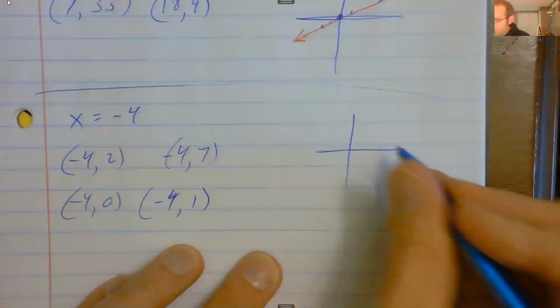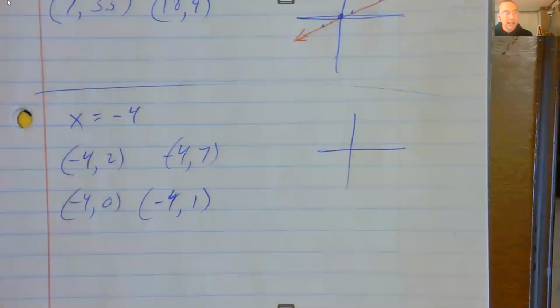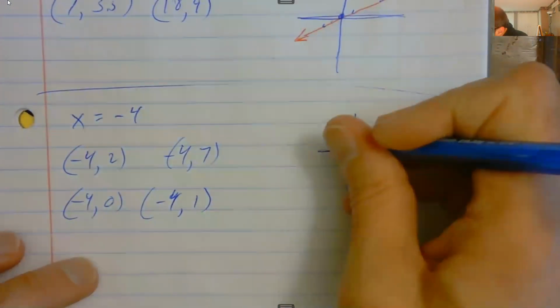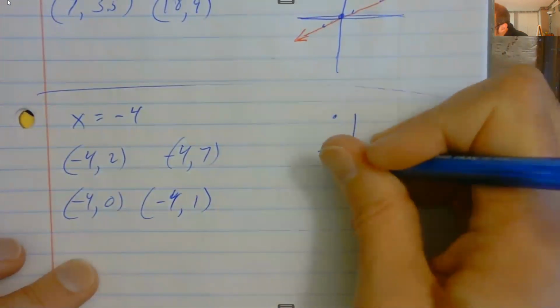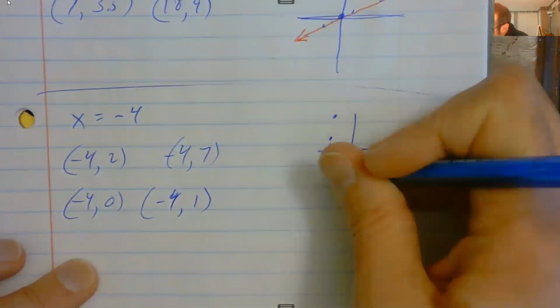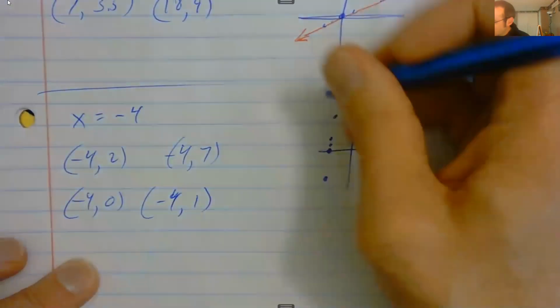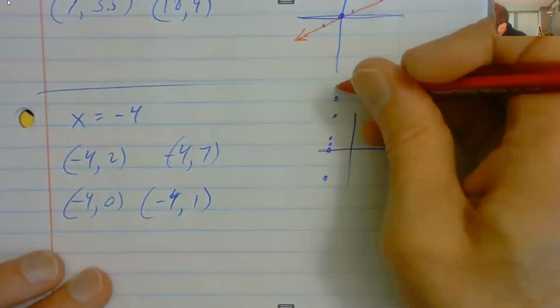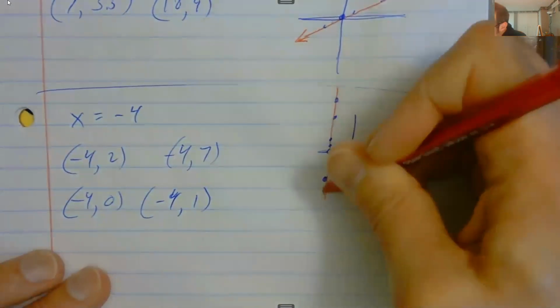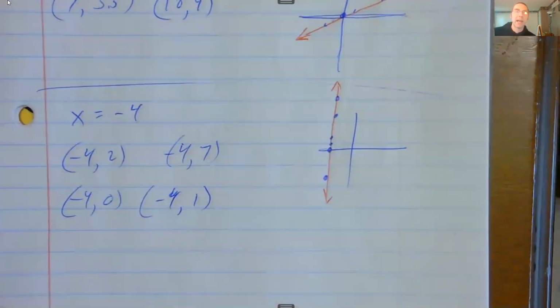And if you think about it that way, you just start plotting points. Say, oh, here's -4, 2. Here's -4, 0. Here's -4, 7. Here's -4, 1. Here's -4, -9. Here's -4, 12. And it looks like all those points are on this line, this vertical line, where all the x coordinates are -4.